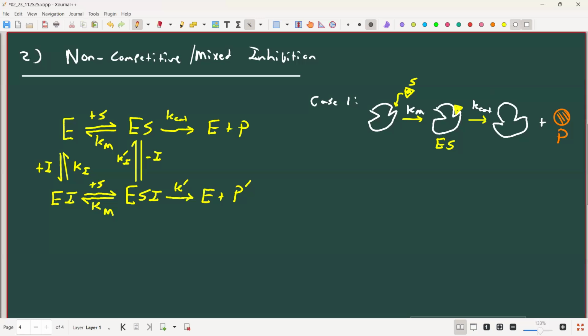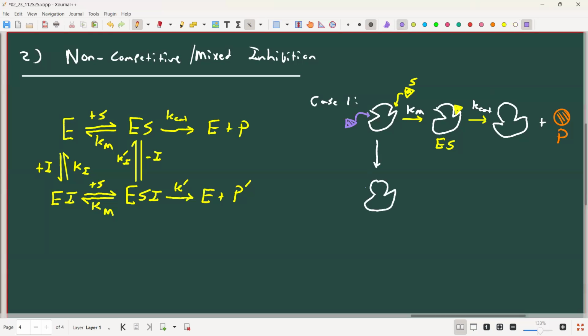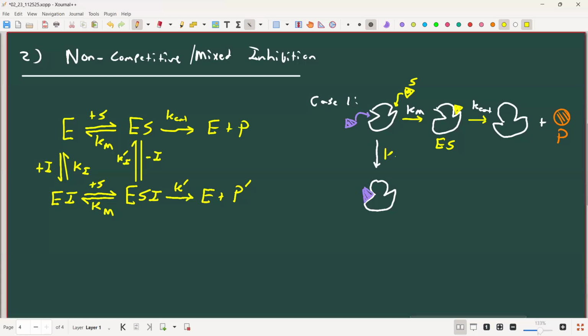This binds at some Km. But what we can also do is bring in an inhibitor, right? Which goes into a different spot. Goes there instead. And so I can have an inhibition complex, EI, that again has some association Ki.